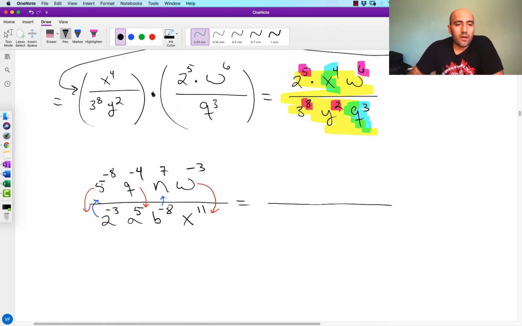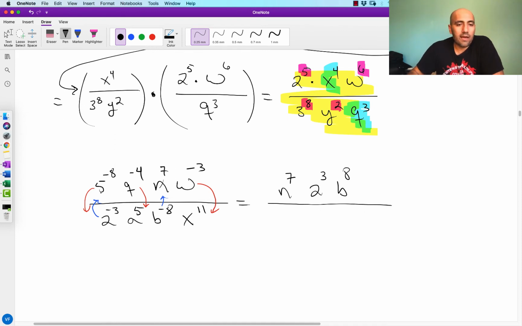Okay, so I can see that the n to the 7th power, that's not going to move anywhere. That's just going to be up there. And then I'm going to bring up this 2 to the positive 3rd power. I make it a positive because I'm moving it up to the numerator. And I'm going to bring up the b to the positive 8th power.